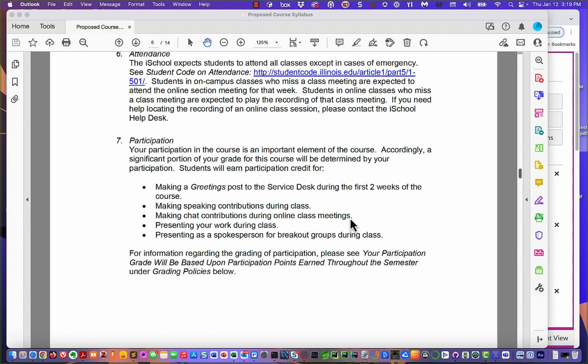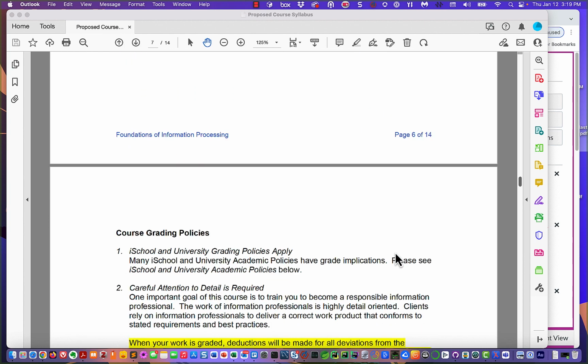Usually we discuss these things in breakout groups before we report back, and if you're the spokesperson for your breakout group, then you get credit for that. I keep track of all these things. It's a pain, but it's the only way to do this fairly. I compile it at the end, add up all the points, and we grade it on a curve. I'll talk about that a little more in a minute.